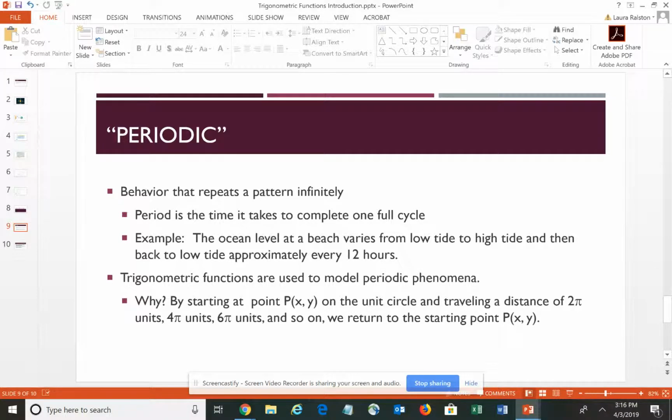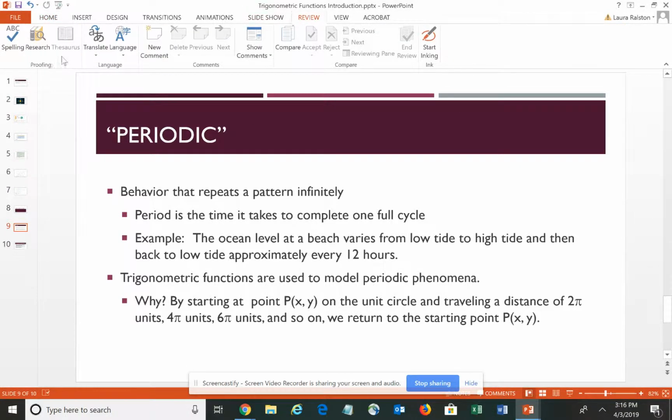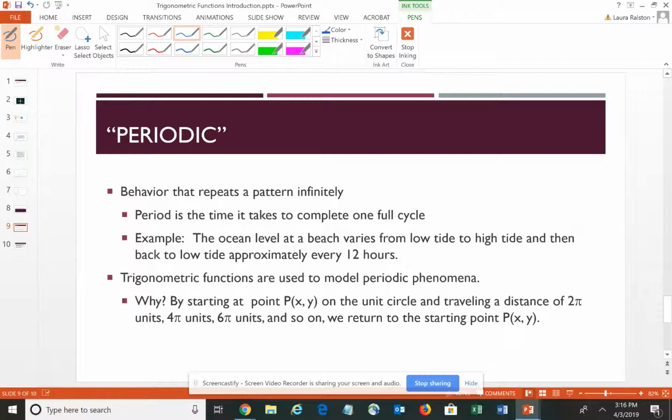If we think about the unit circle, and if we start somewhere on that unit circle at point P, or really any circle, it doesn't necessarily have to be a unit circle, you can pick a random starting point on that circle.